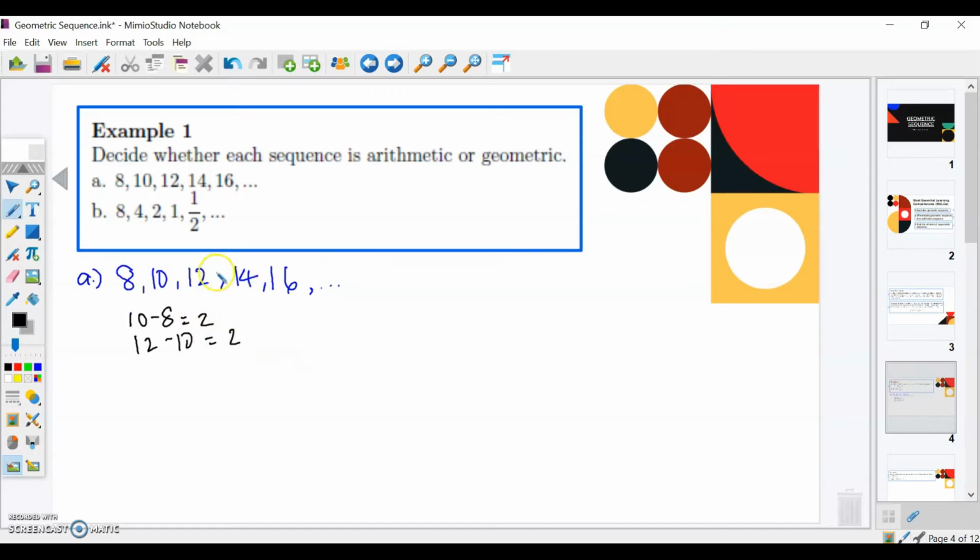Then 14 minus 12 gives us 2. Since there is a common difference, this given sequence is an example of an arithmetic sequence.